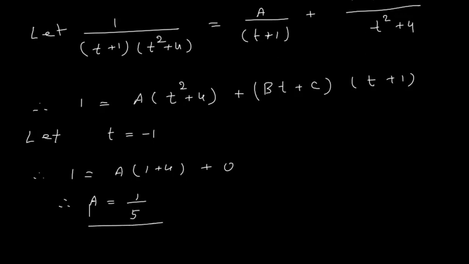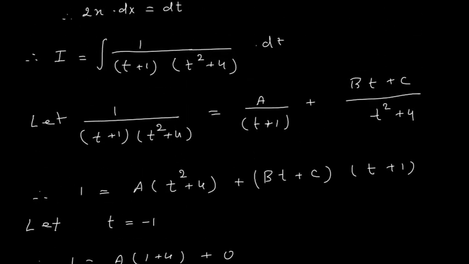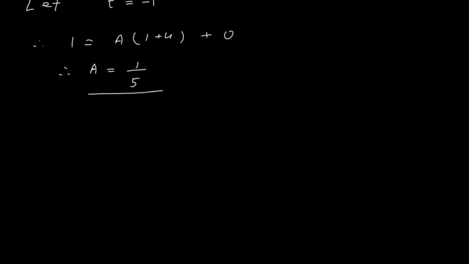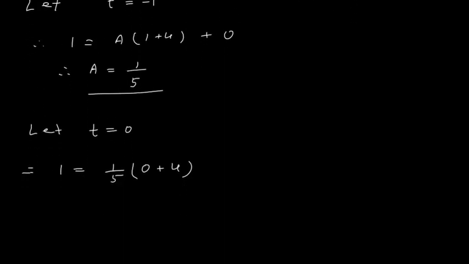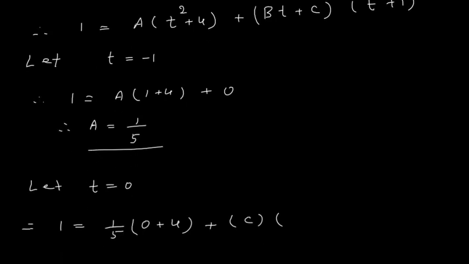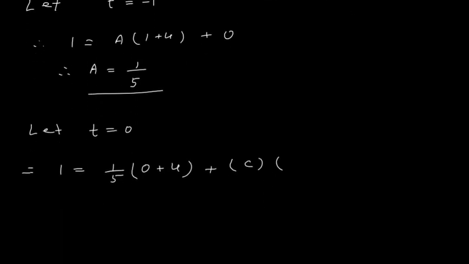Next I will substitute t as 0 and a as 1 upon 5. So let t be 0. Therefore I have 1 equal to 1 upon 5 times t square plus 4, that is 0 plus 4, plus, since t is 0, only c remains, and in the second bracket we have t plus 1, that is 0 plus 1.